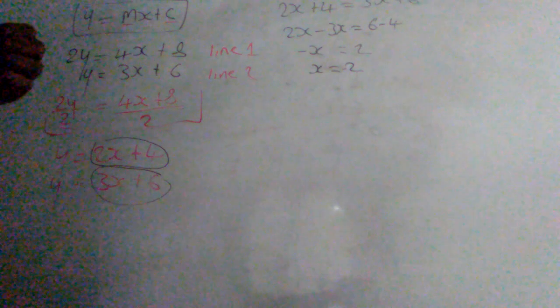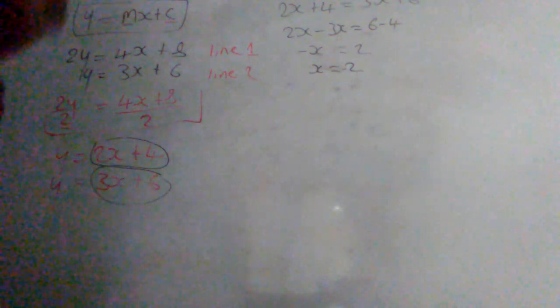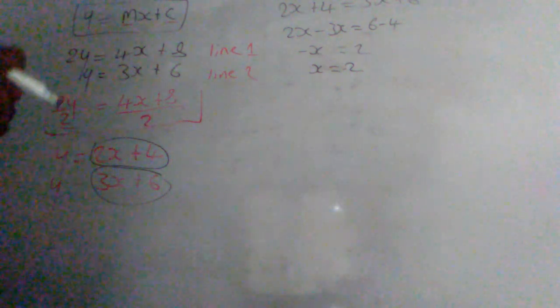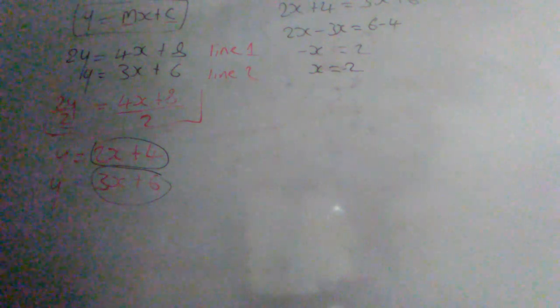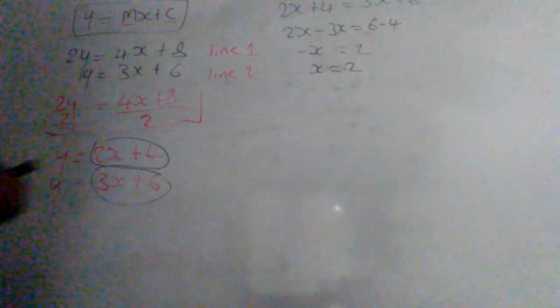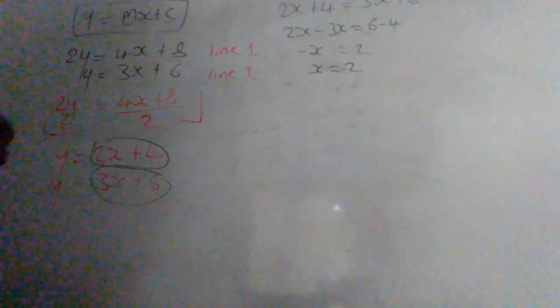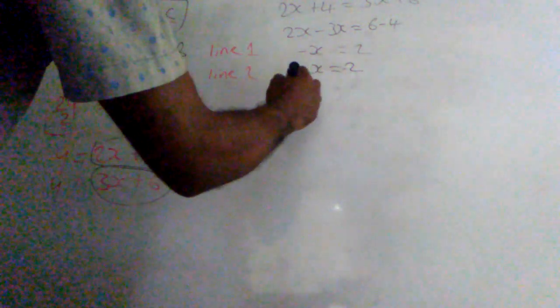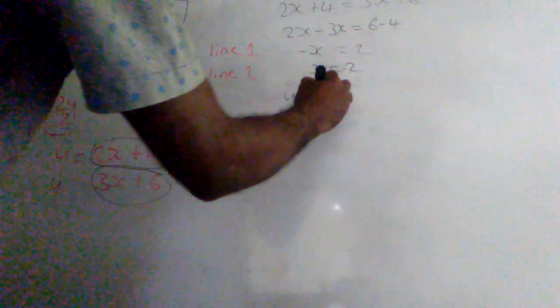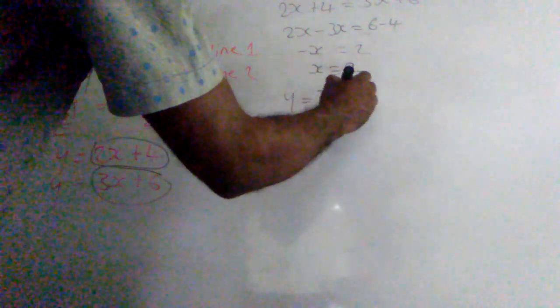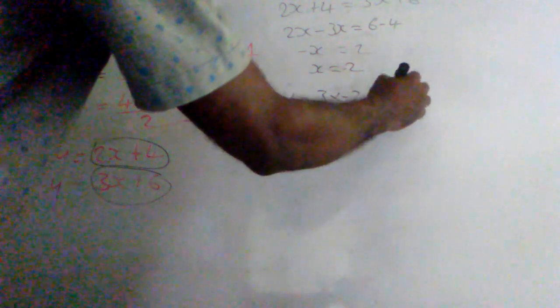So we got negative 2 to be the x value of the intersection. So we'll just substitute negative 2 for x in any one of these equations, and I will use equation 2. So y will be equal to 3 times negative 2 plus 6.